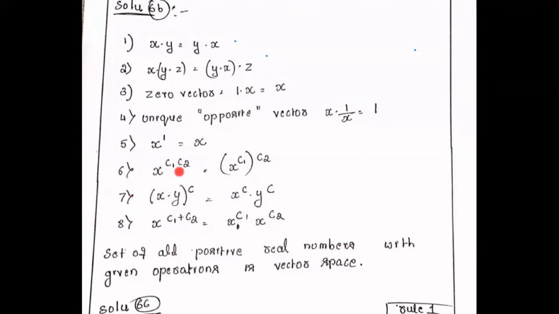Here, the next condition is the sixth condition. Previously it was c1 into c2 into x. Here, cx is nothing but x to the power of c. So all the constants come above x, as the power of x. x to the power of c1, c2, that you can write as x to the power of c1 times c2.